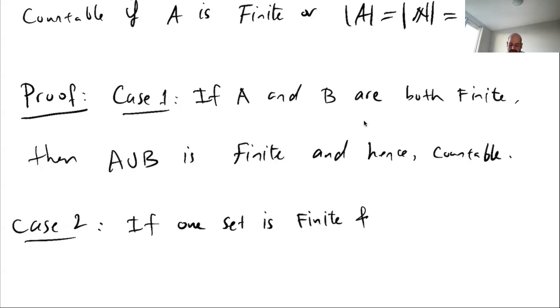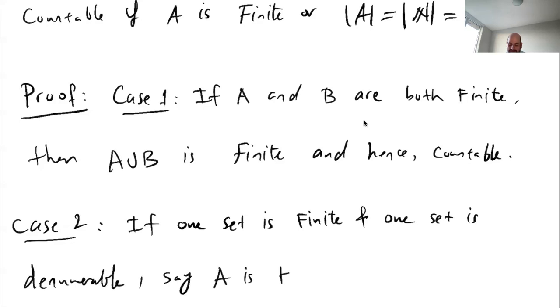It doesn't matter which one. We have two sets A and B, right? So let's say, for example, A is finite and B is denumerable. Denumerable means cardinality of B is equal to cardinality of N.